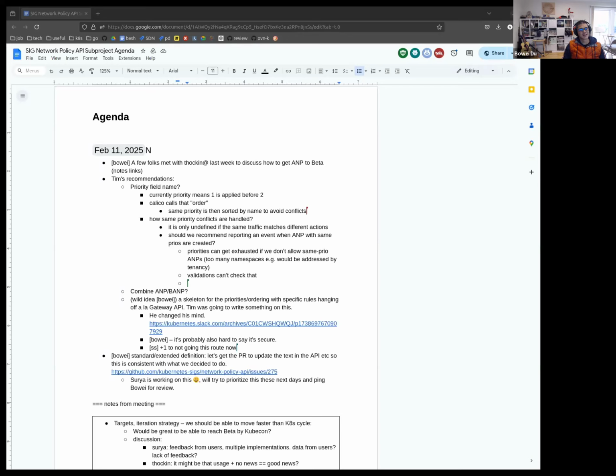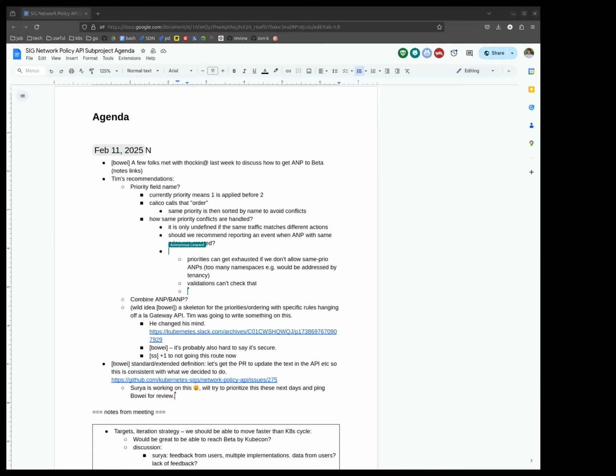I think the discussion we had before was just that each data plane has a natural way of resolving some of those conflicts, you know, how our policy models work today. And so we left it as an implementation detail and said, if you want it to be 100% deterministic, you should be prioritizing them properly.